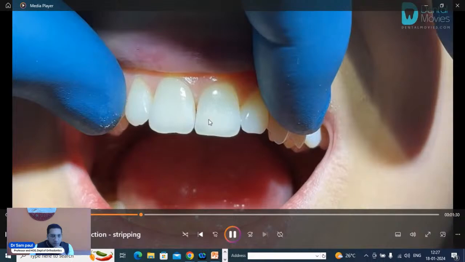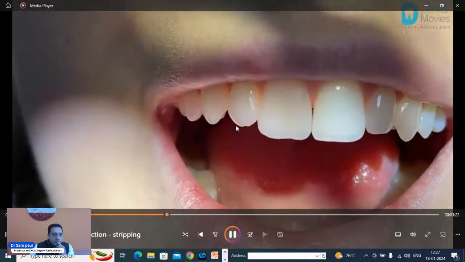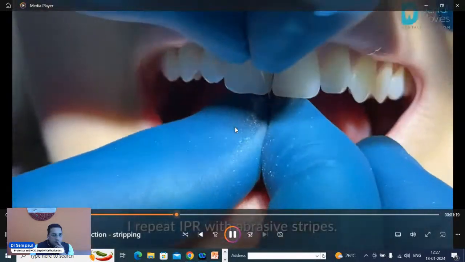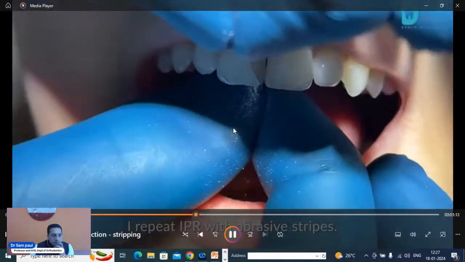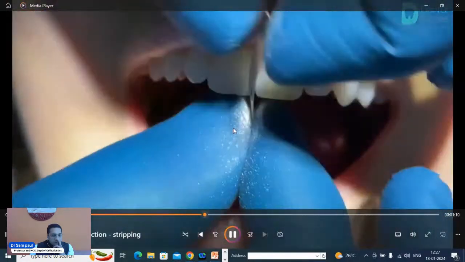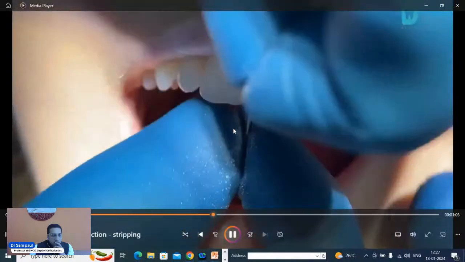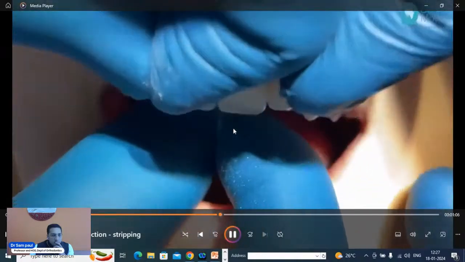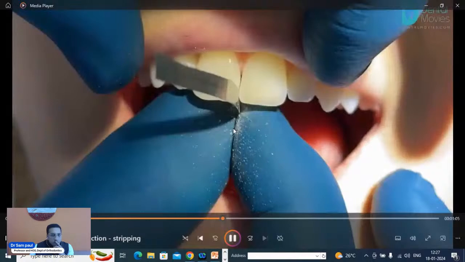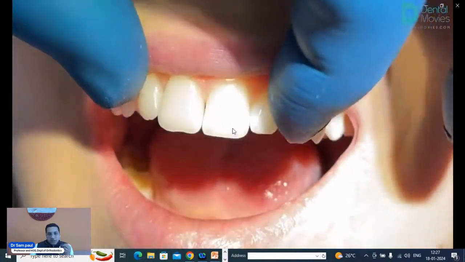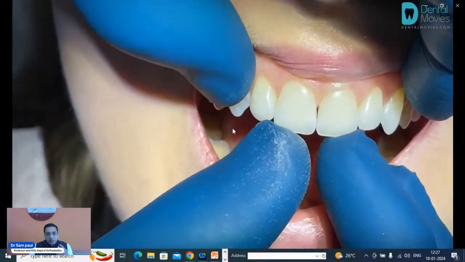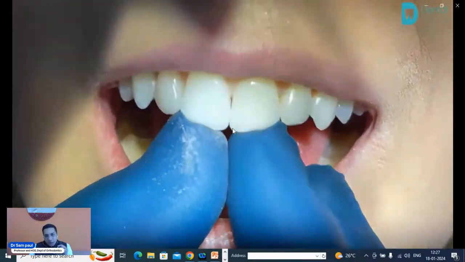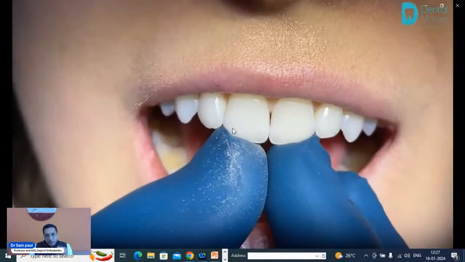Can you see that? The abrasive strips are available in the market. You have single-sided and double-sided strips. So, can you see that small amount of space we achieved in between the teeth?